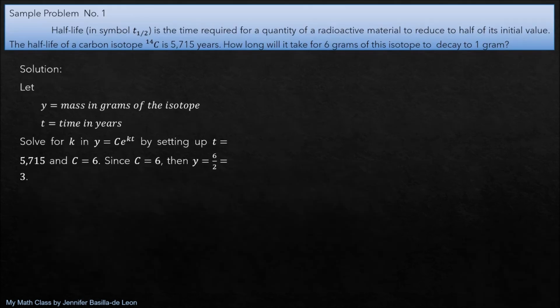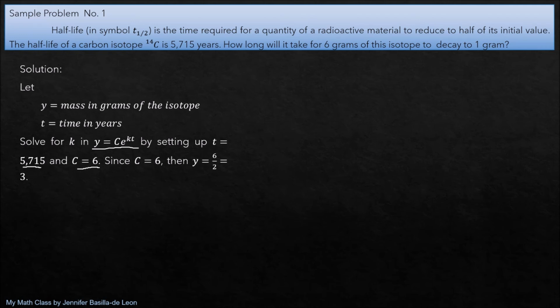We start writing our solution by defining the variables that we're going to use. Let y be the mass in grams of the isotope and t the time in years. And then the next step is to solve for k in the exponential decay model, which is y equal to ce raised to kt, by setting up t equals 5,715 and c equals 6.